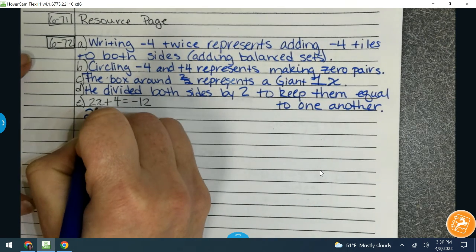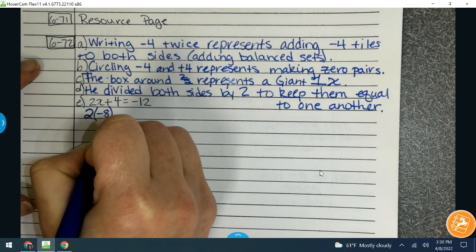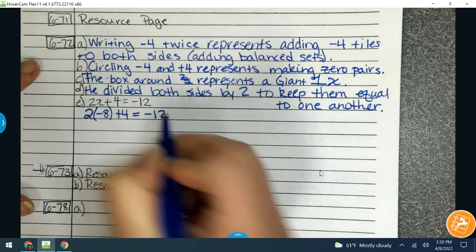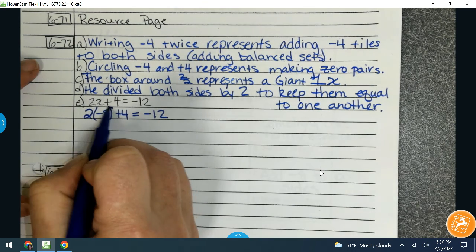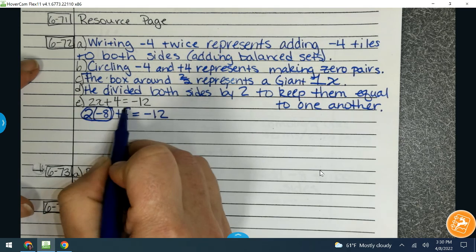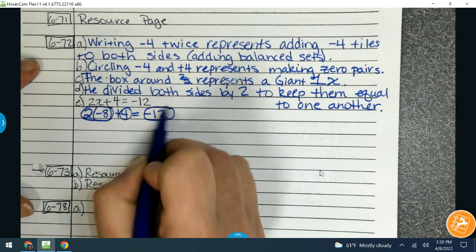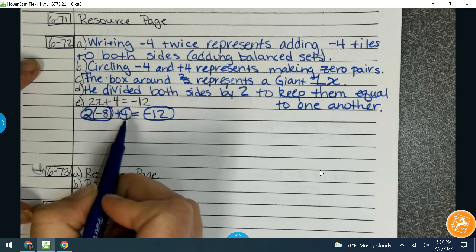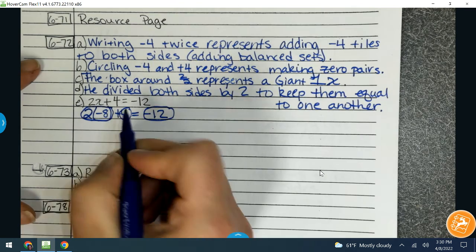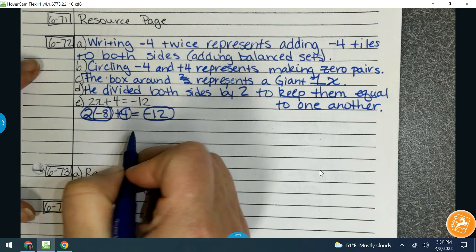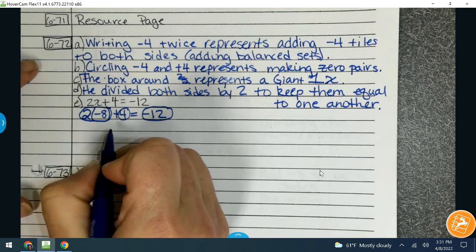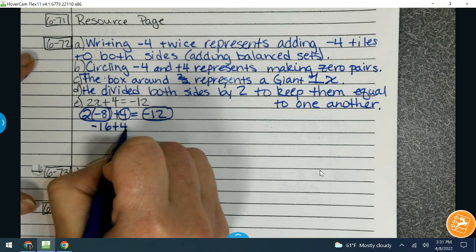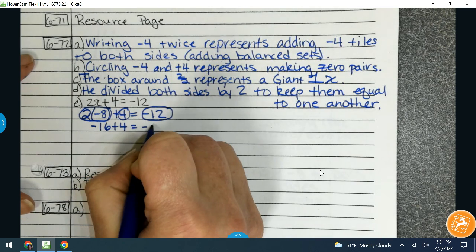So I have two groups of -8 plus 4 is equal to -12. I'm going to circle my terms to help me follow the correct order of operations. I'm going to start with what looks the weirdest, which on the left side of the equation is the two groups of -8. Two groups of 8 is 16. The opposite of that is -16 plus 4 equals -12.